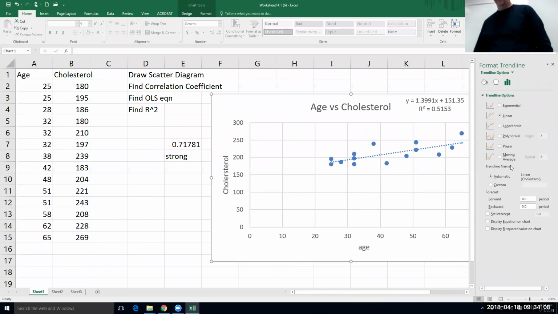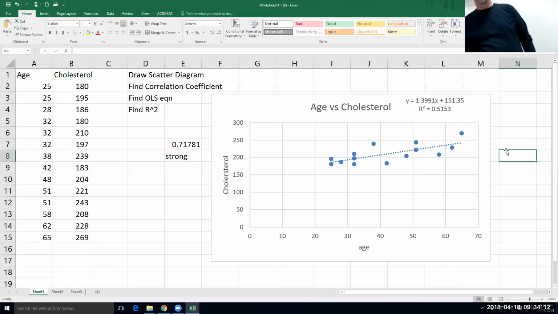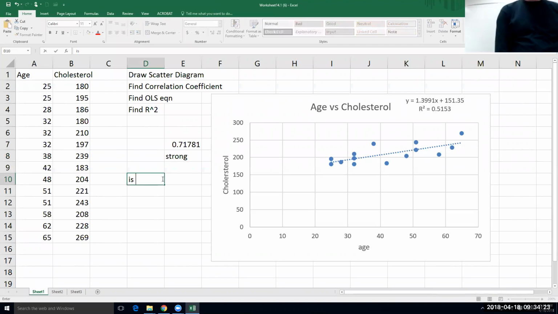Okay. All right. So here's the question that we want to ask: is the slope significant?